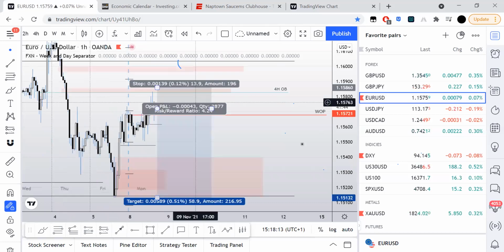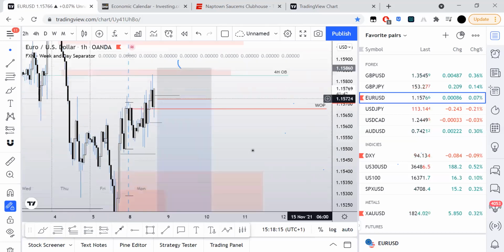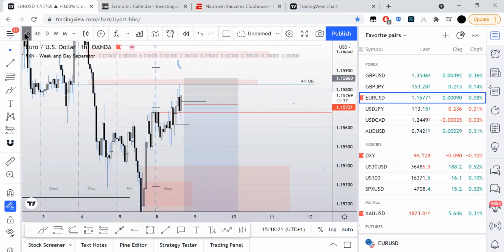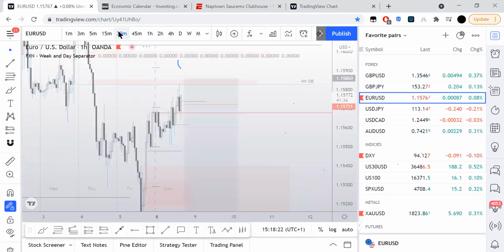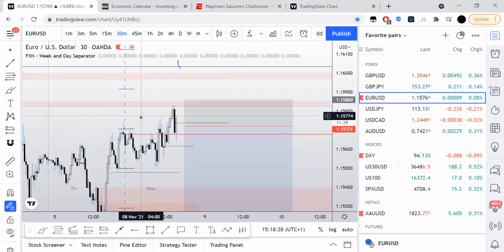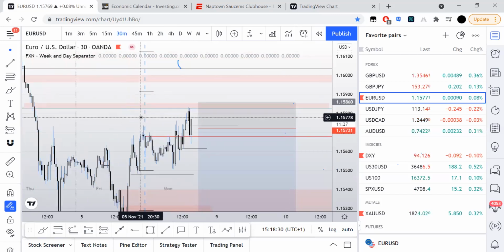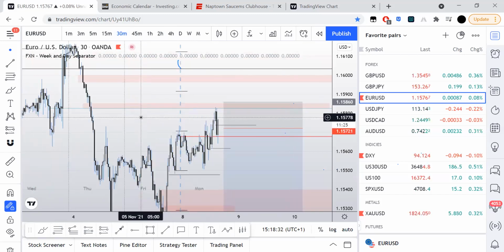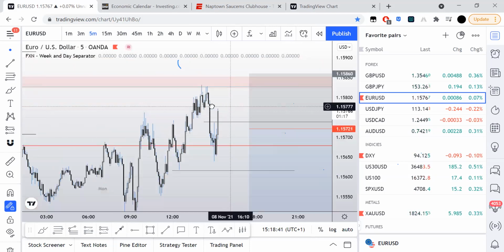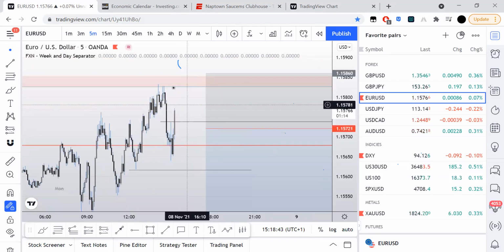So EU coming back up. It's coming back into that 30-minute order block right here. Yeah, my limit just got tagged in, so I'm in sells now. Hopefully this high can hold.